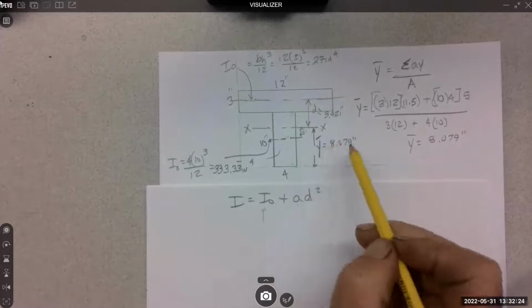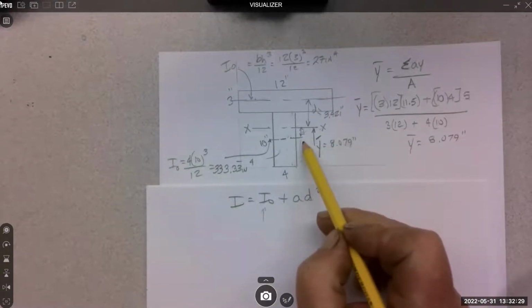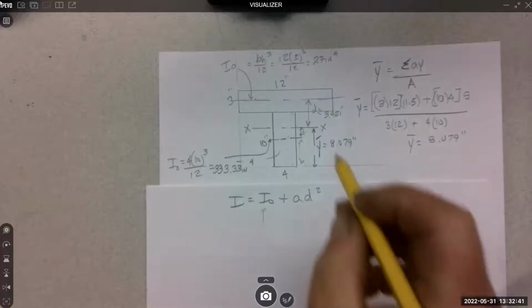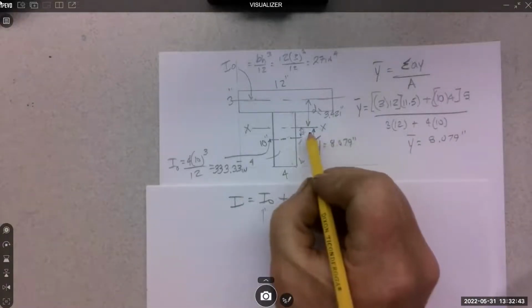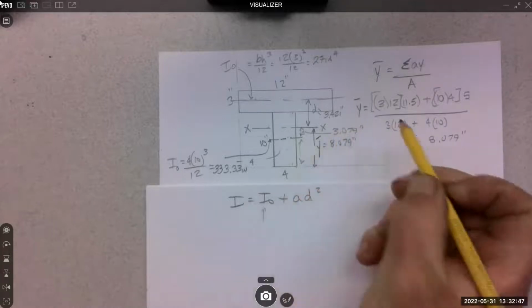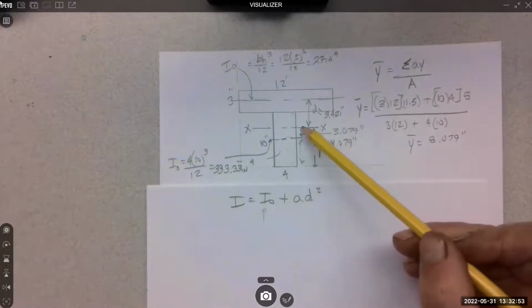And then this one is going to be 8.079 minus 5, because that's 5 to its original position. 3.079. That's here. Even made a big drawing and it still gets small. Little d in here.